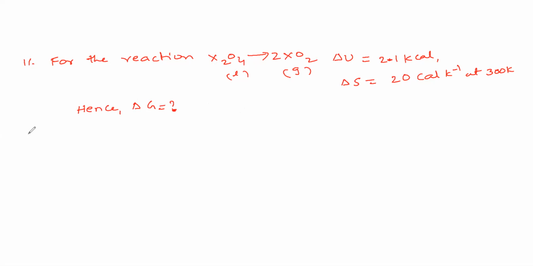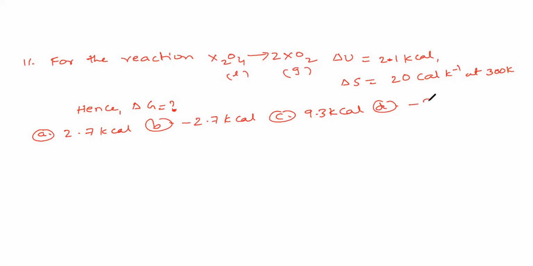So option A, 2.7 kilocalories. Option B, minus 2.7 kilocalories. Option C, 9.3 kilocalories. And option D, minus 9.3 kilocalories.